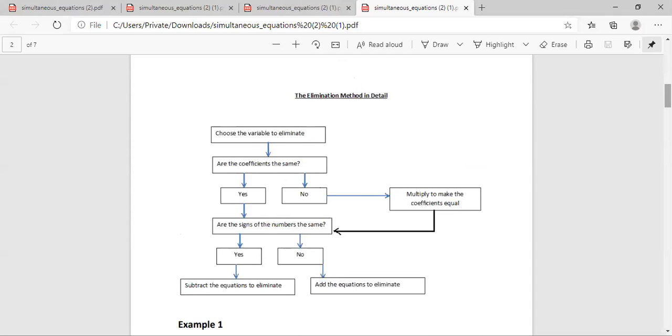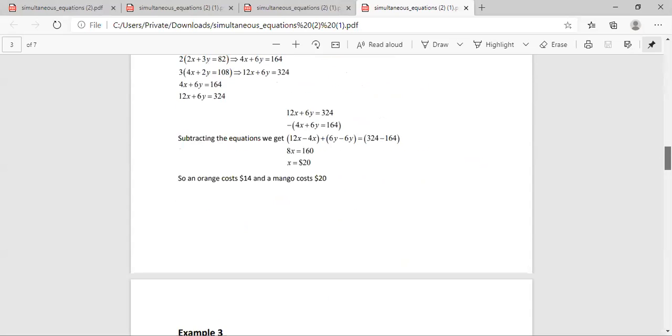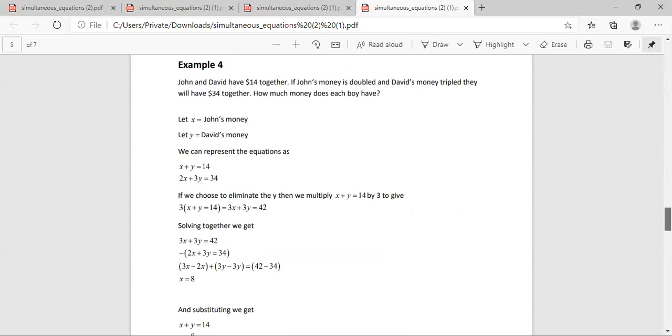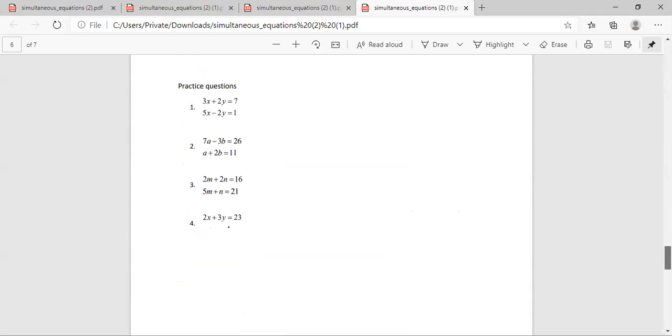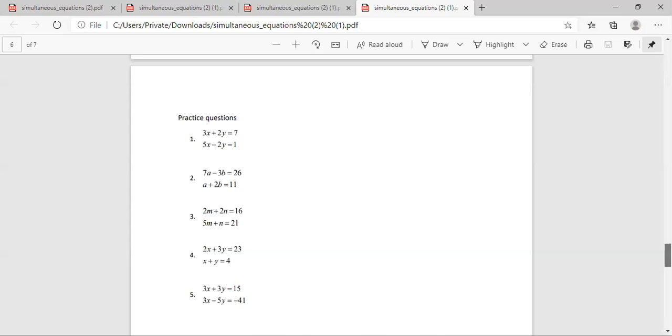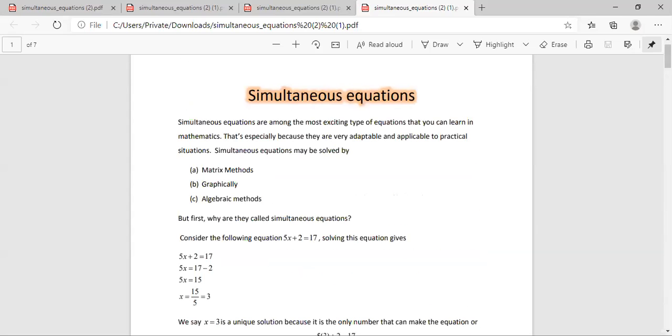I have some examples, and there are some wording situations whereby we apply simultaneous equations. So let's go straight into the teaching now. Make sure you go through the document.